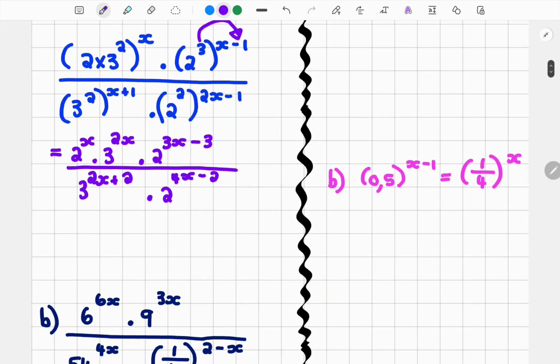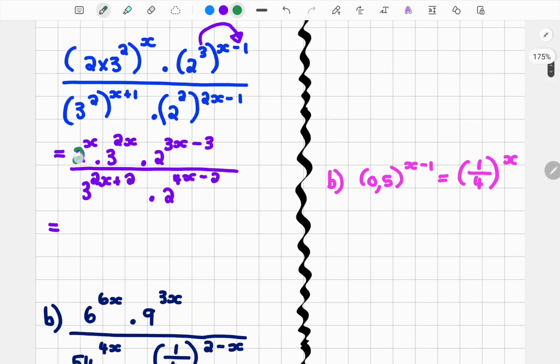Now I'm going to keep my base and add the exponents. All the ones that have a 2 as a base, let's make it another color. I'm going to keep that base and add those exponents, and if it's underneath, I subtract those exponents. Let's do it in green.